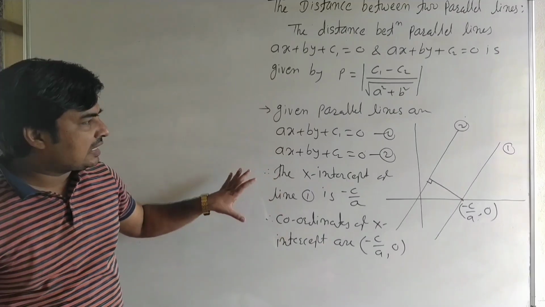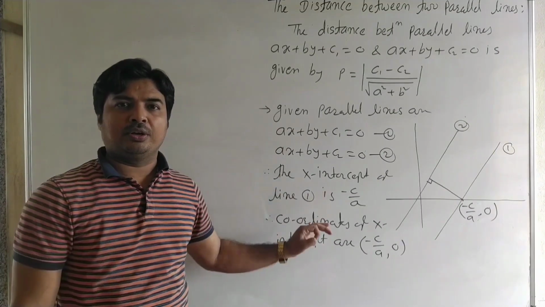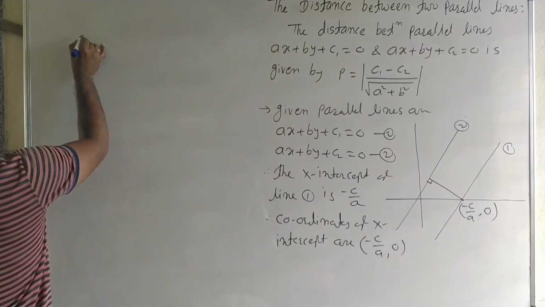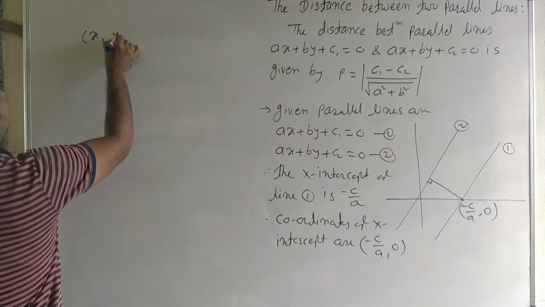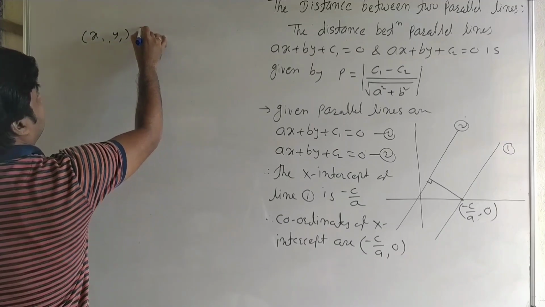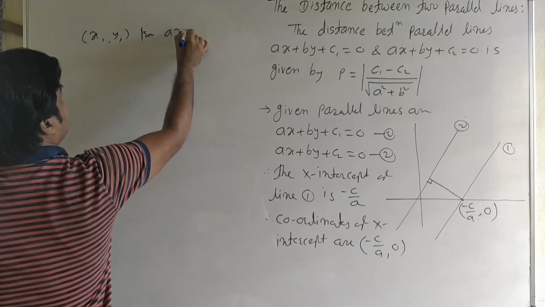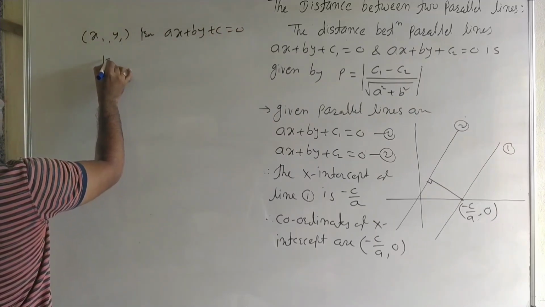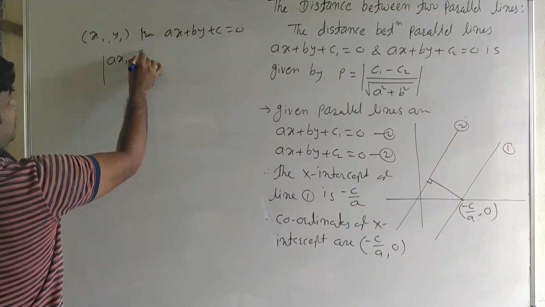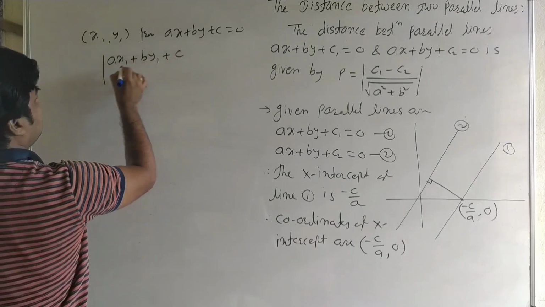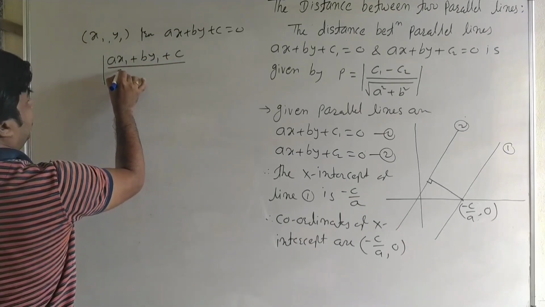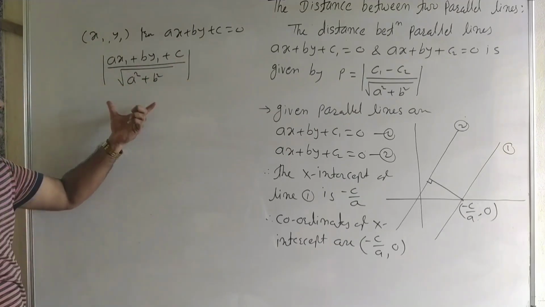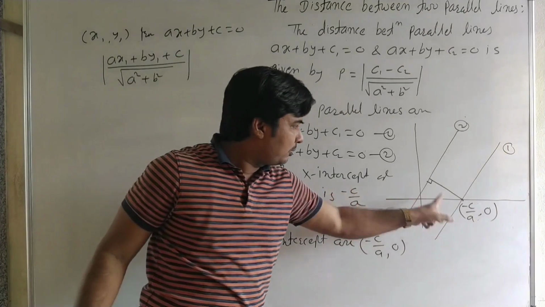In the last lecture we saw the distance of a point x1 comma y1 from ax plus by plus c equal to 0. What is the distance? It is ax1 plus by1 plus c upon under root of a square plus b square. Okay, it is a perpendicular distance, the distance of a point from a line.